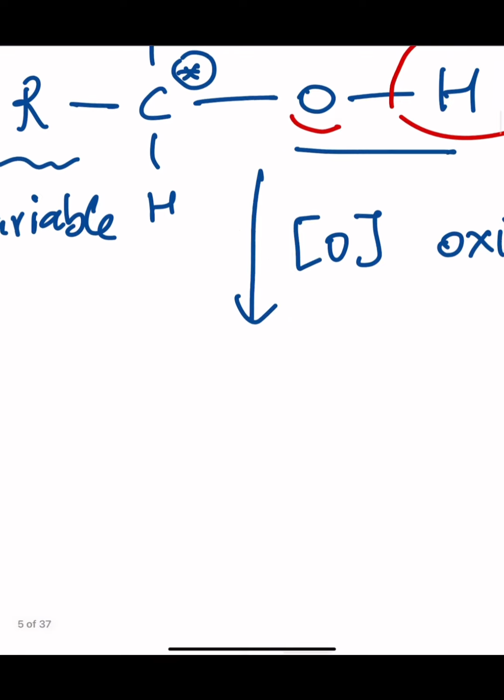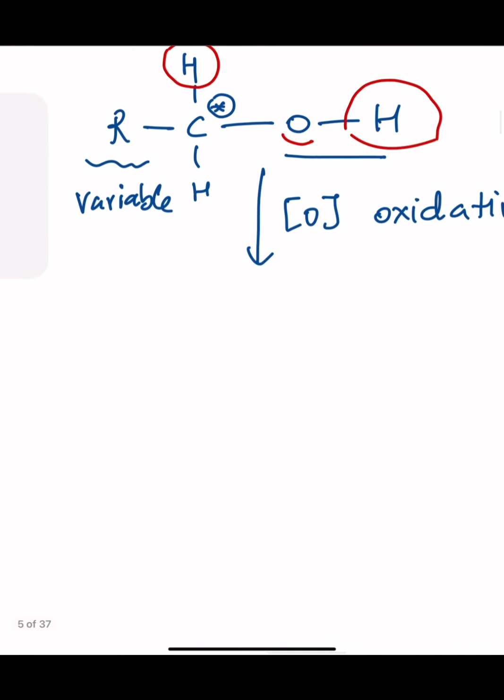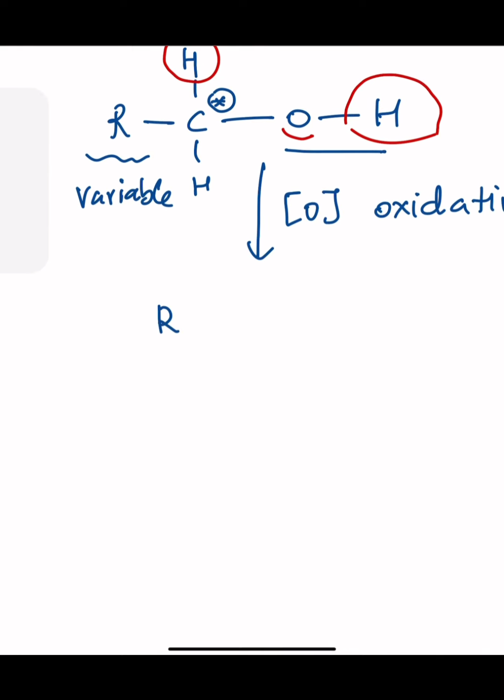Now let's lose them, and it's going to look like this: R, C, O, and then H, right? In order to have, again, 4 bonds, you see I got 1, 2, and 3 bonds. I need to have 4 bonds on carbon, meaning valency of 4, right? That's why I will make 1 bond in here.